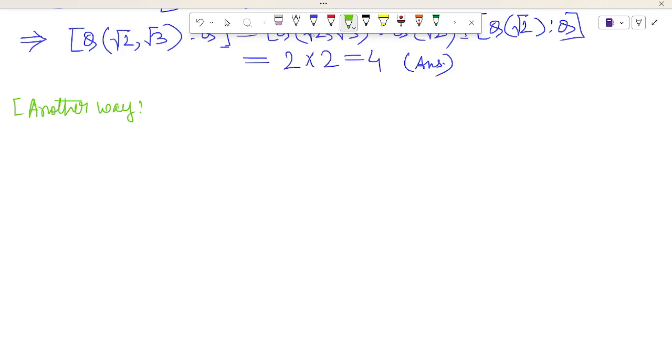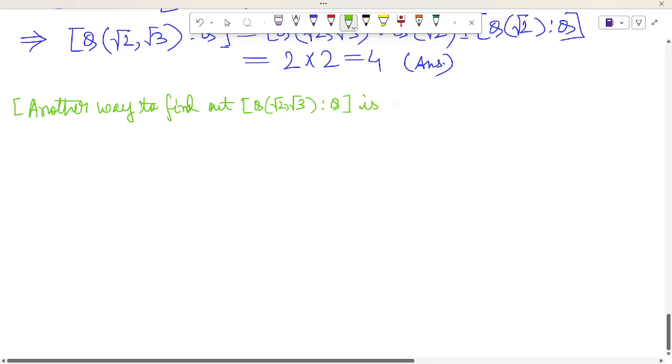Directly from computation. Find out Q(root 2, root 3) over Q without using this. What is a direct element?